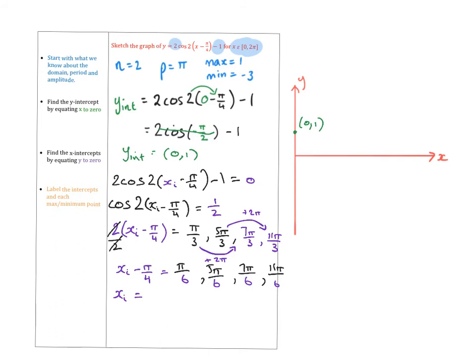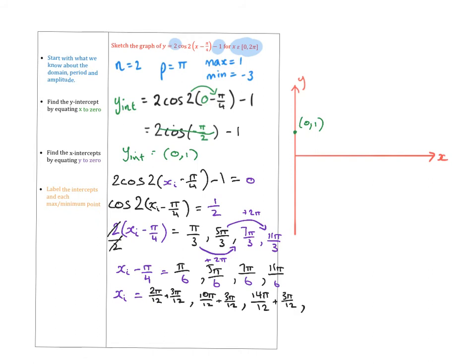So I've got 2 pi on 12 plus 3 pi on 12. Now 5 pi on 6 plus pi on 4 is 10 pi on 12 plus 3 pi on 12. 7 pi becomes 14 pi on 12 plus 3 pi on 12.